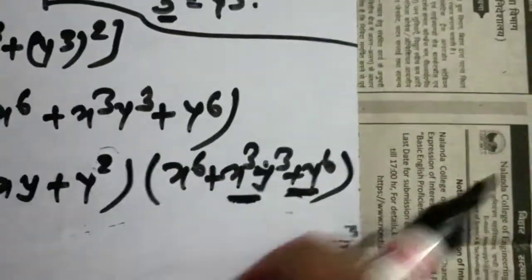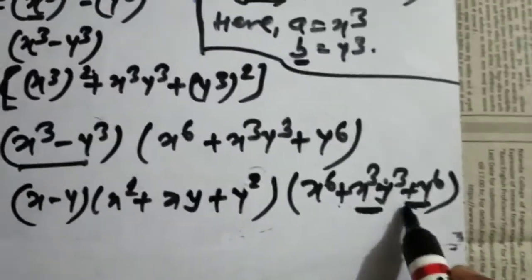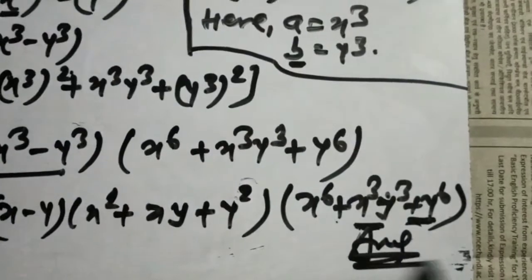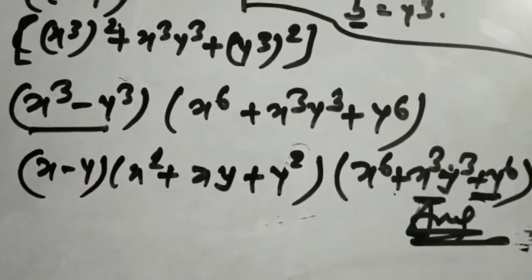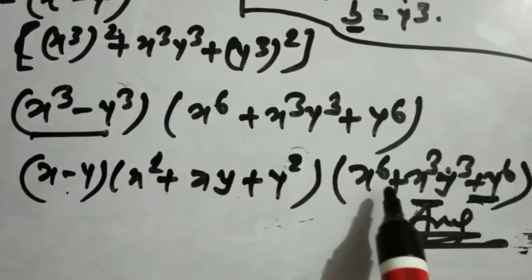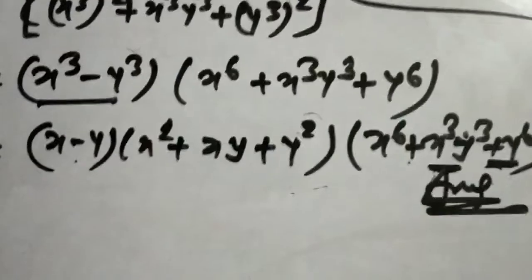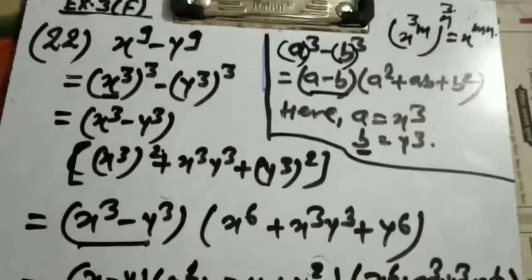If a square were there, then it could be factorized, so this will be your final answer. Okay, (x minus y)(x square plus xy plus y square) multiplied by (x power 6 minus x cube y cube plus y power 6) is the final answer for the given question.